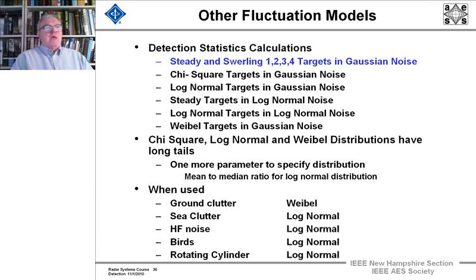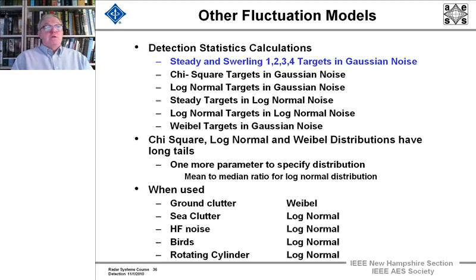And there's only one independent parameter you can pick, the mean cross-section of the swirling 1 or swirling 2 targets. And from the amplitude point of view, there's only one parameter you can pick when you pick the model 1 and 2 or 3 and 4. And that is the mean of the cross-section.